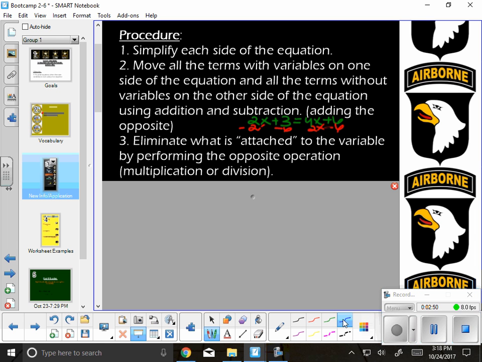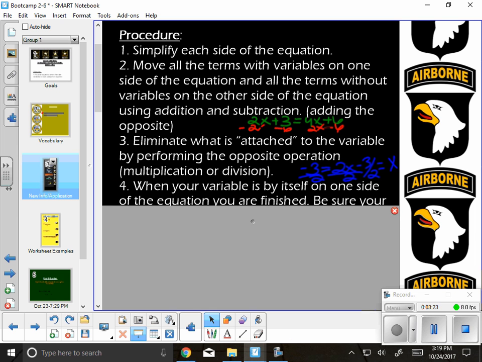If we're using the same equation of 2x + 3 = 4x + 6, and we do our full step 2, we're going to end up with -3 = 2x. So we still have something attached to that x. We're going to want to divide by 2, and we're going to do that to both sides. And we're going to end up with x = -3/2.